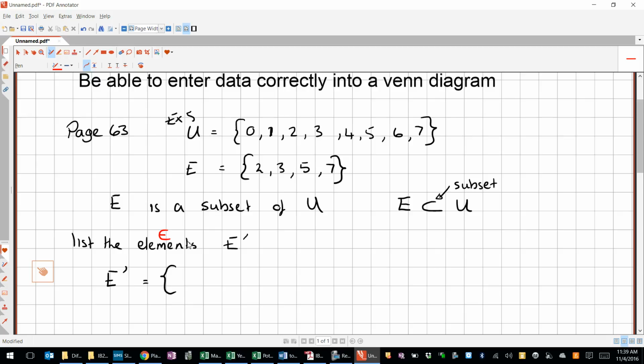Is it outside? But this one, yeah, I think you get it, is actually in proper language the complement of E. And another way of saying it is not in E. Okay.